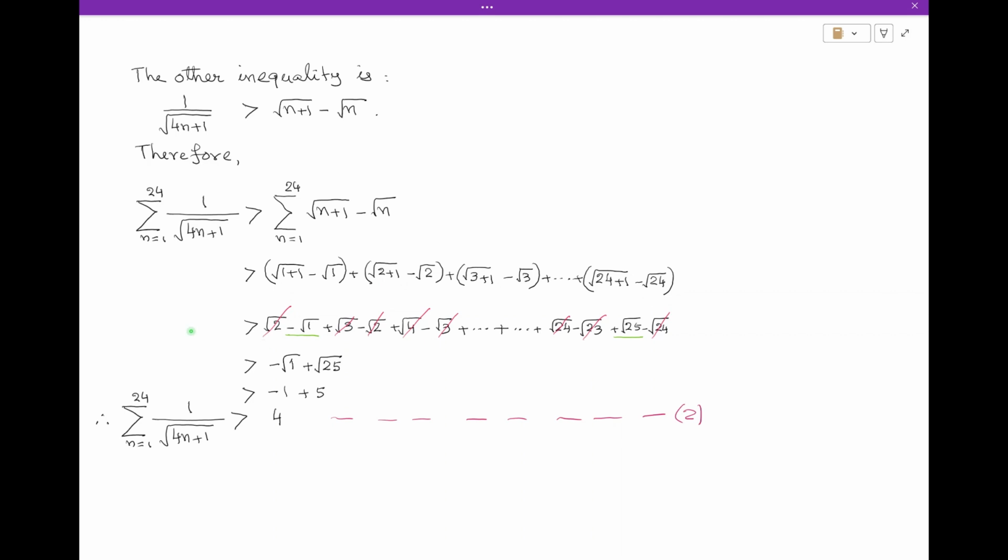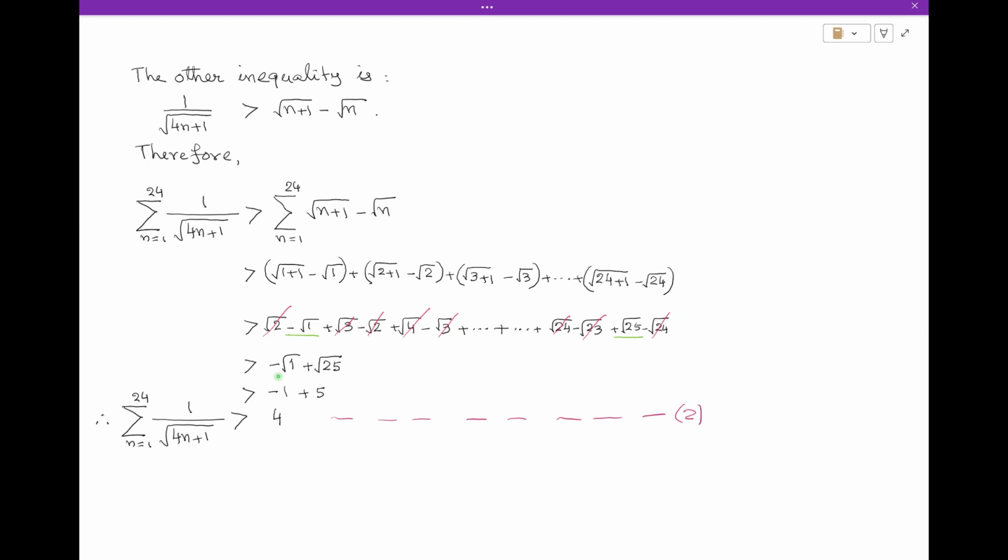After writing this down, we see that many of the terms cancel out, and those which cancel out I have marked with red. That is, this term cancels out with this term, which cancels out with something here, and this term cancels out with this term, like this. So the only two terms left are minus square root of 1 and plus square root of 25.